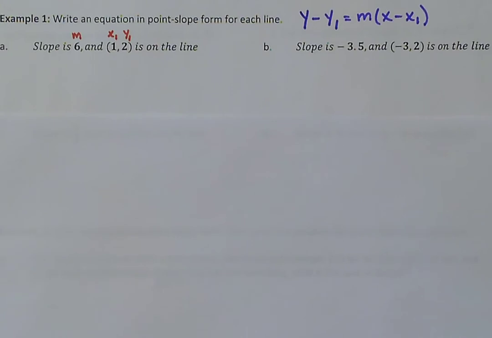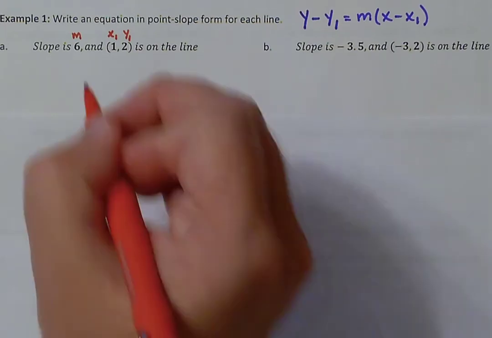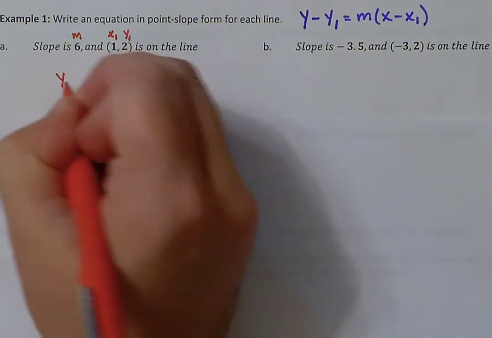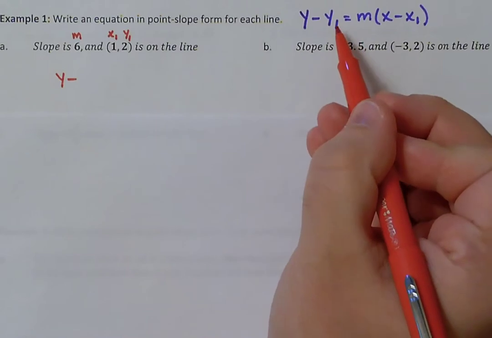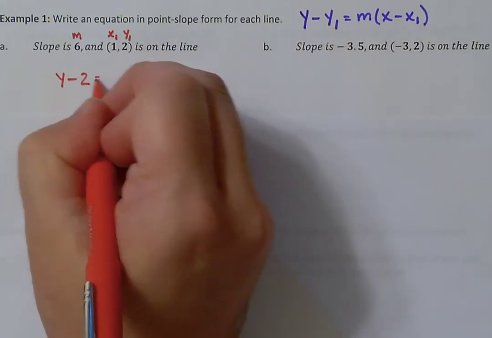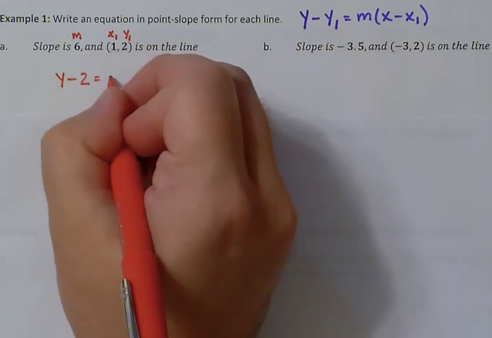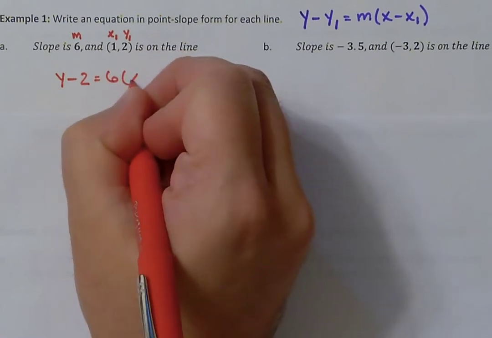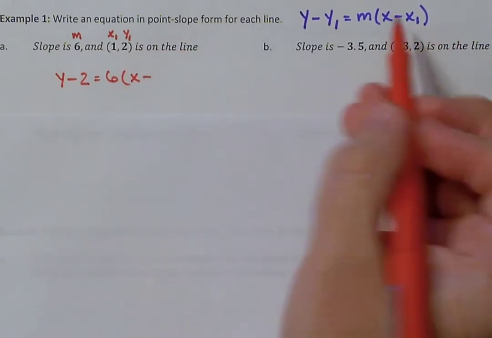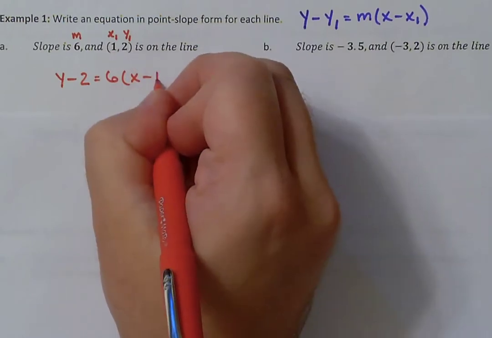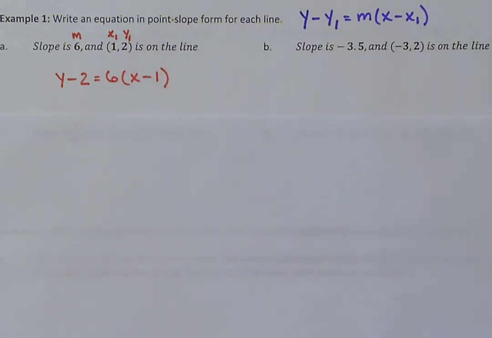Now that I have my slope and my x1, y1, let's plug into the equation: y minus y1, so 2, equals m, which is 6, times x minus x1, which is 1. Now we have everything plugged in, and that is in fact our answer.